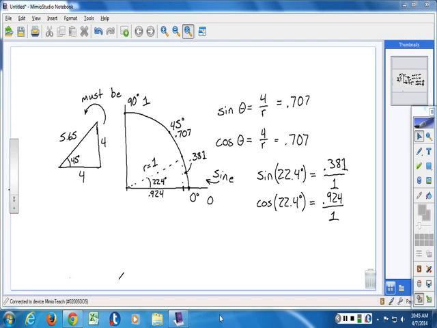Not quite yet, but we're at a 0.924 to 1 ratio. So if this was 10 miles, this would be 9.24 miles. If it was 100 miles, this would be 92.4 miles. So it's always a 0.924 to 1 ratio.